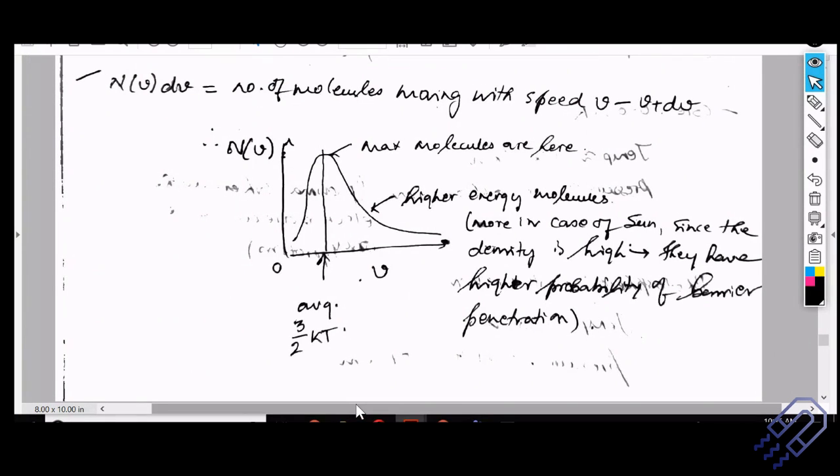Okay? So if you plot a graph between the number of, let's say, molecules, and of course the velocity, and if you plot the velocity on one side, that means you are plotting the kinetic energy value. Okay, so if you follow your statistical mechanics, you did use the relation K is equal to half mv square, and then you used some relation which is called average energy.